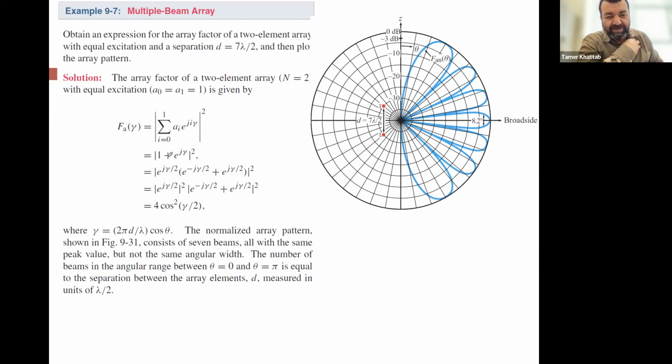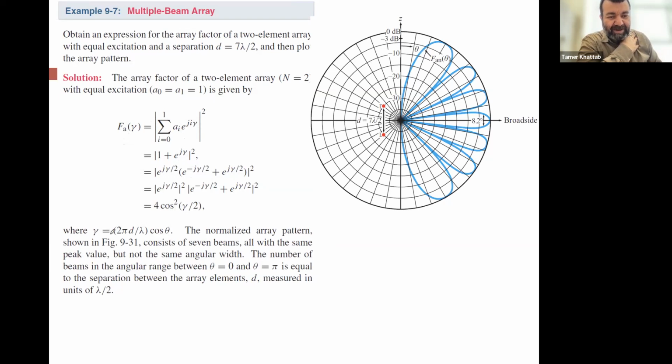Those two terms inside the square. Now, if you substitute the e to the j gamma with cosine gamma plus j sine gamma in this expression, you should be able to come up with this result, that the array factor for these two elements is equal to 4 cosine square gamma over 2.